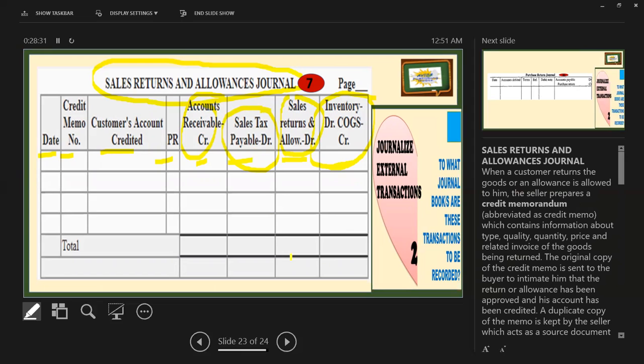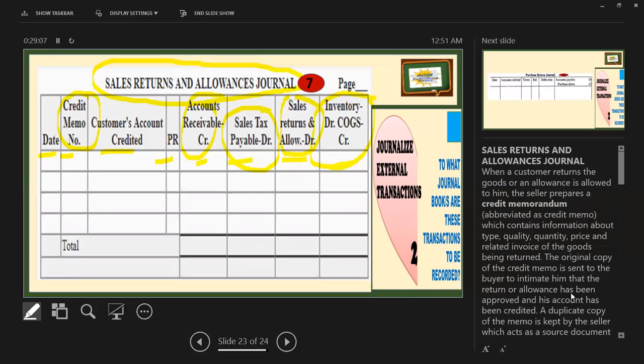So when a customer returns the goods, an allowance is allowed to him. The seller prepares a credit memorandum. So we have here as a source document the credit memo. Credit memorandum, abbreviated as credit memo or sometimes called credit note. This contains information about type, quality, quantity, price, and related invoice number of the goods being returned.